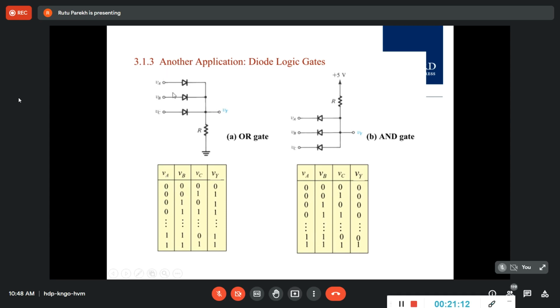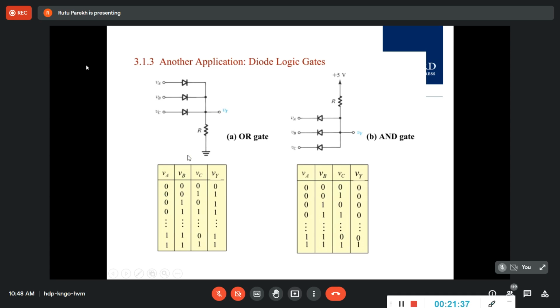When all 3 inputs are 0, is your output 0? Yes, ma'am. Because the diodes are conducting or not conducting? Not conducting, right? And your output is 0.